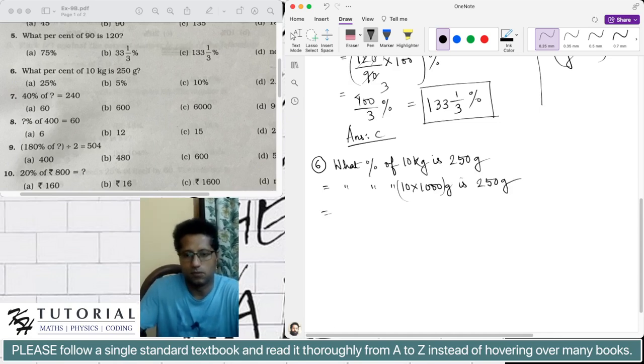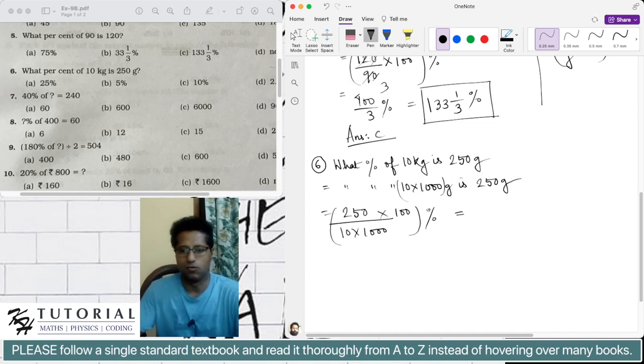So this is equal to 250 divided by 10 into 1000 multiplied by 100 percentage. If you do cancellation, this is equal to 5 by 2 percentage.